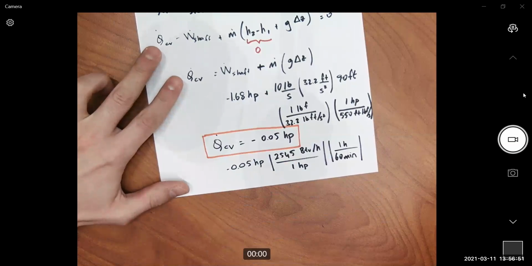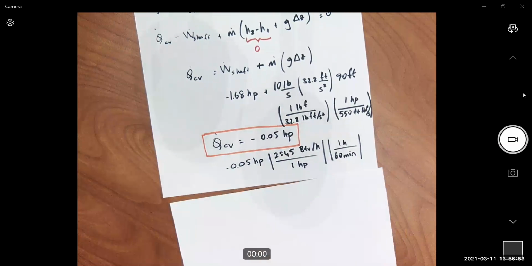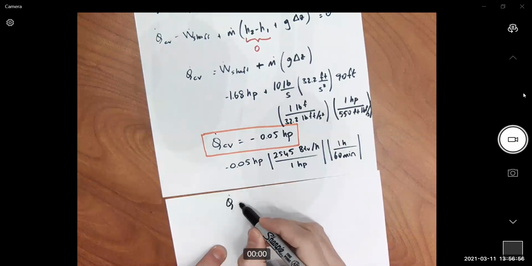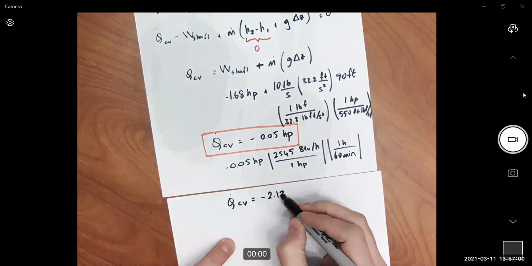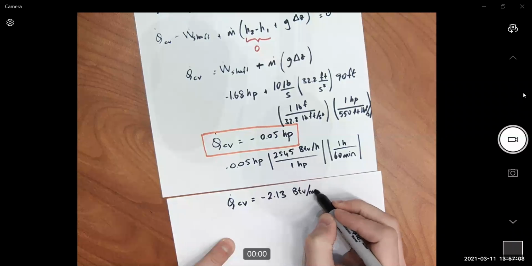Here, Q control volume is minus 2.12 BTU per minute.